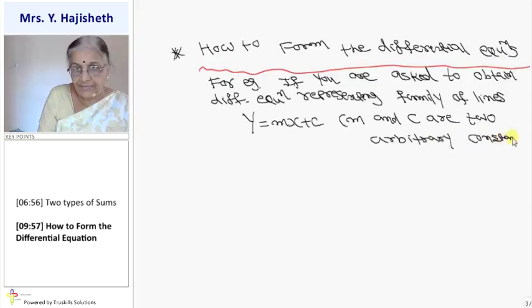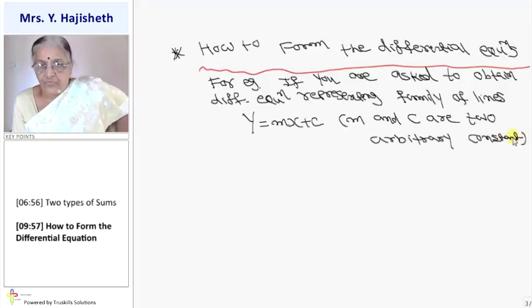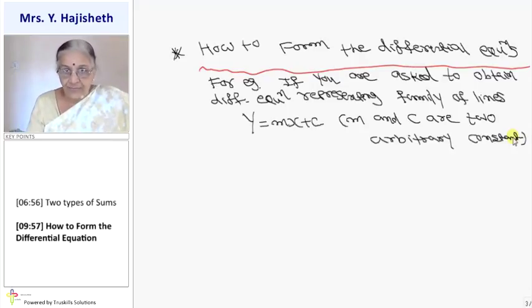The sum is like this: you are given the equation of a family of lines in the form y = mx + c, where m and c are two arbitrary constants, and we are asked to form a differential equation.